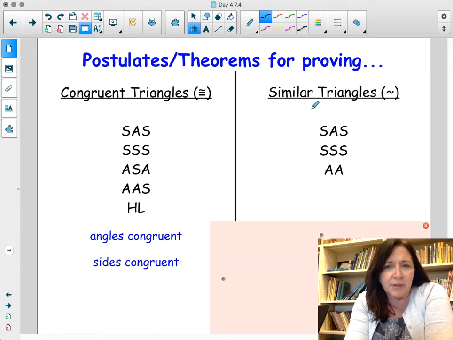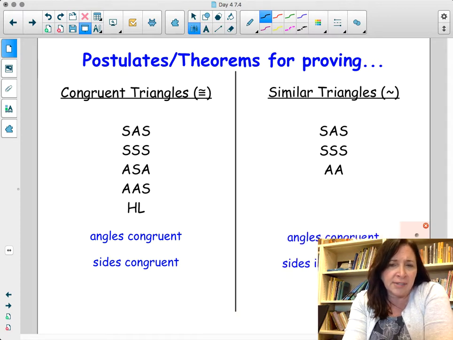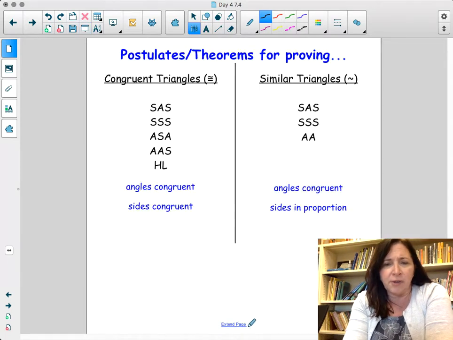But with similar triangles, with this little squiggle here that represents similar, you have side, angle, side and angle postulates where the angles are congruent, but the sides are in proportion. So that's really important when you are trying to figure out postulates and what is congruent and what isn't.